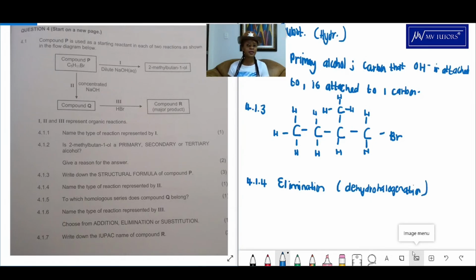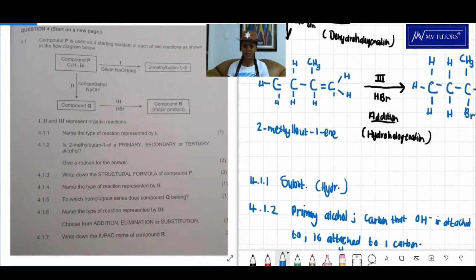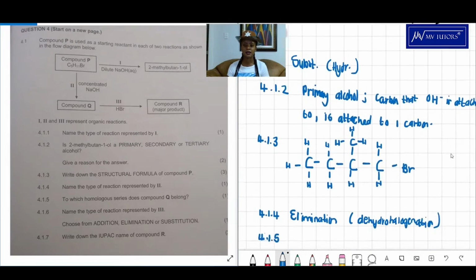Okay, you don't have to write the dehydrohalogenation, you can just put the elimination reaction. I'm just giving extra information. And then it says, to which homologous series does compound Q belong? I think that was the alkene. Yes, it is an alkene.